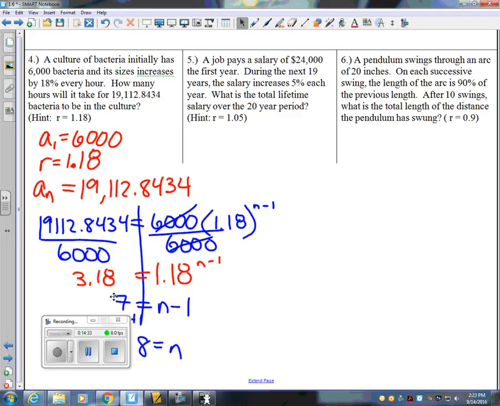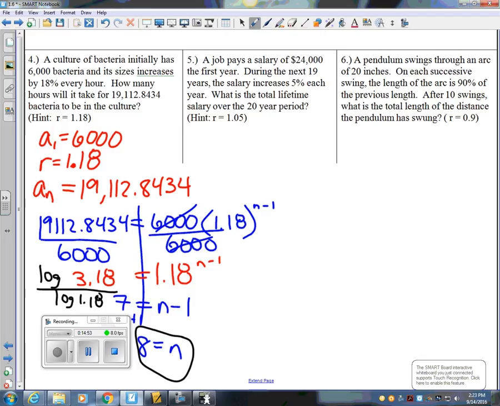And let's go back and read the question. How many hours? Does n stand for number of hours in this case? Yes. So we're done. Okay. Let me write log here in case some of y'all are trying to. Let's see what we did.